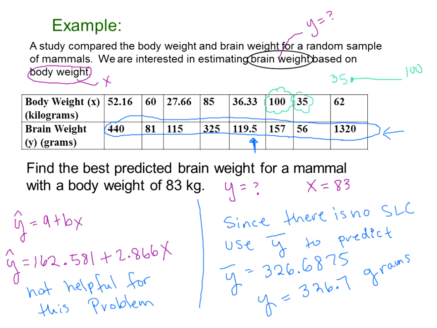So nothing smaller than 35, nothing larger than 100. I would not make a prediction for when X is 200 because that's outside the scope of my data. So just keeping that in mind.